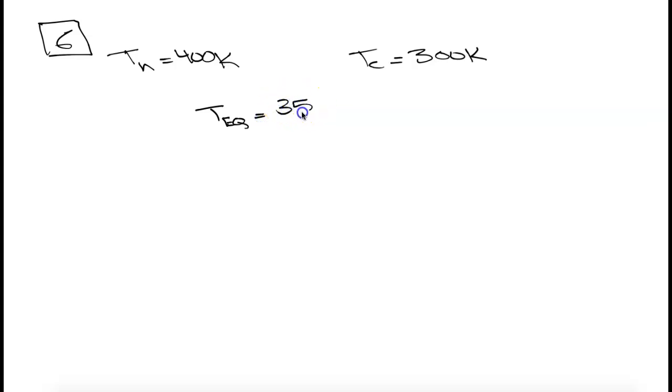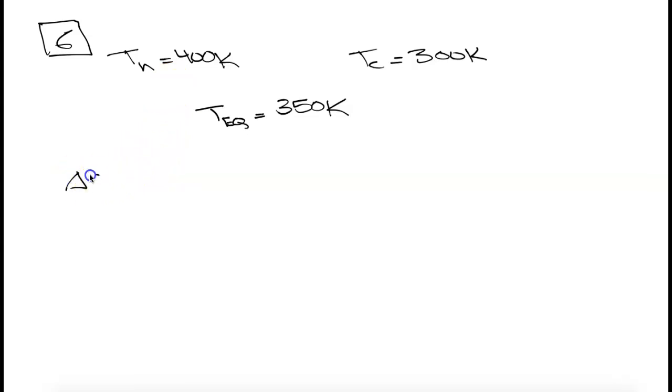Because the two pieces of steel are identical, the amount of heat lost by the hot one to the cold one would be the amount of heat gained by the cold one. So we expect the thermal equilibrium temperature to be halfway in between, so 350.